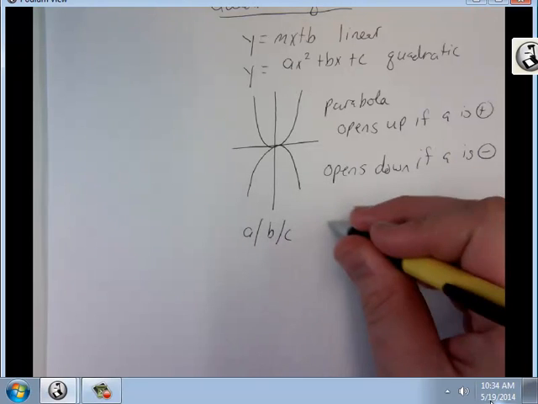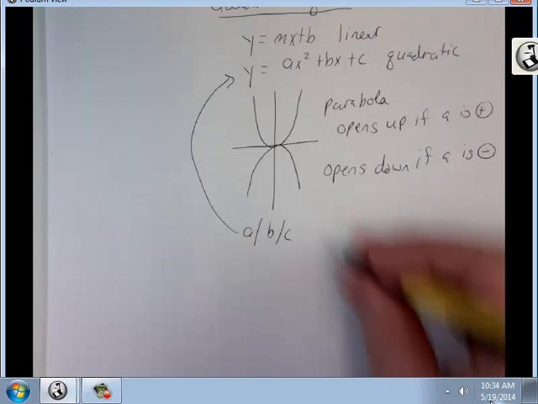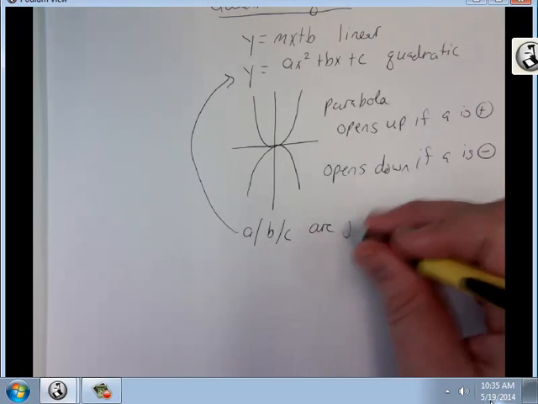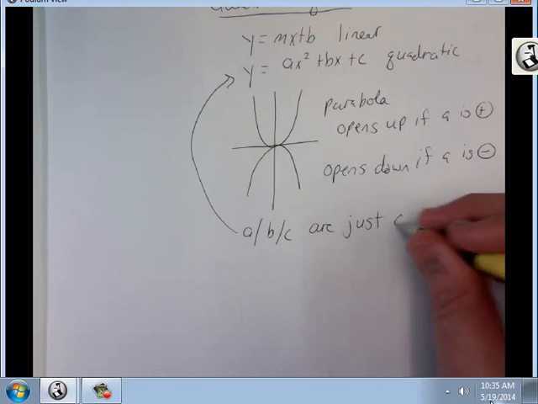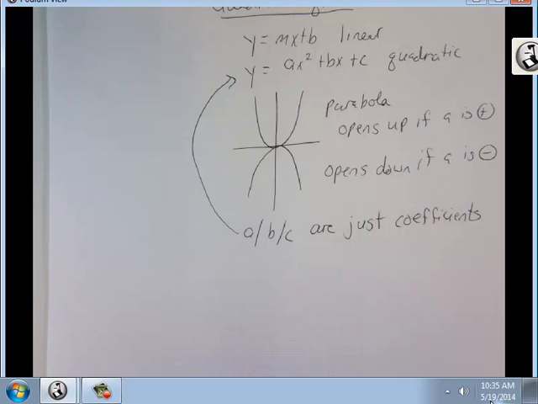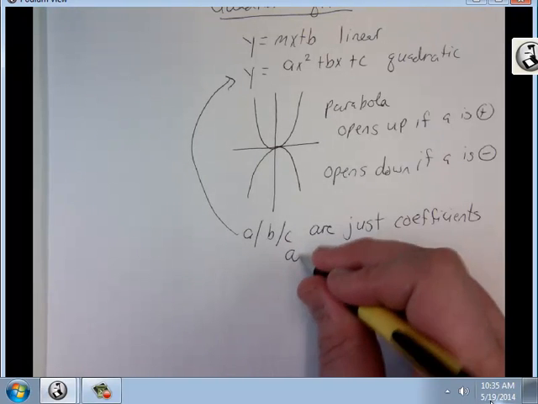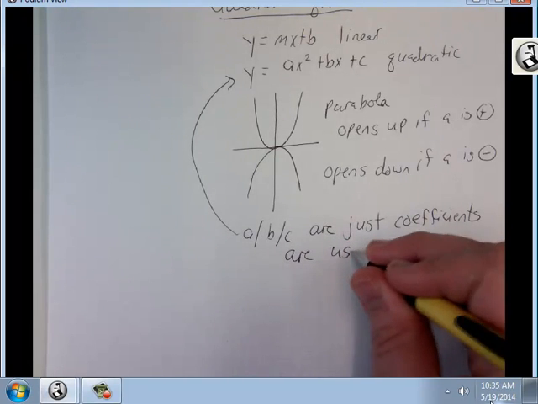A, B, and C from up here are just coefficients, and are used to find the following.